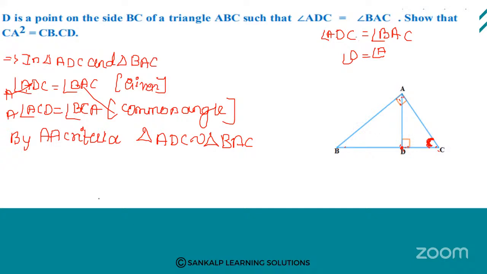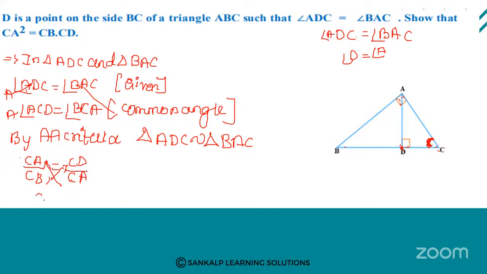Okay. Next. So corresponding sides of similar triangles are in proportion. So CA divided by CB is equal to CD divided by CA. Now, do cross multiplication.